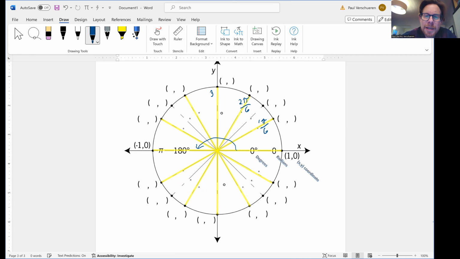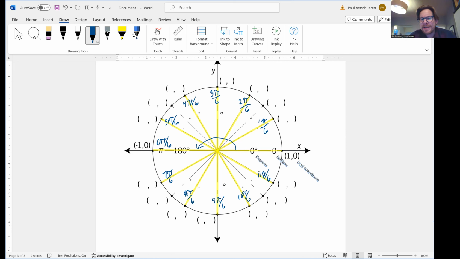And even though this is usually written as pi over 2, if you think of that as 3 pi over 6, 4 pi over 6, 5 pi over 6, 6 pi over 6, which of course equals 1 pi. 6 divided by 6 is 1. 7 pi over 6, 8 pi over 6, 9 pi over 6, 10 pi over 6, 11 pi over 6. And I'm not even going to write this last one. 12 pi over 6 gets us back to the start. That's equal to 2 pi. 12 divided by 6 is 2.